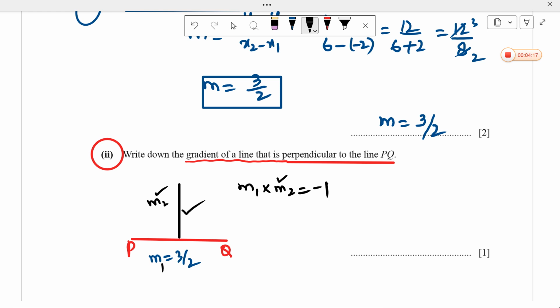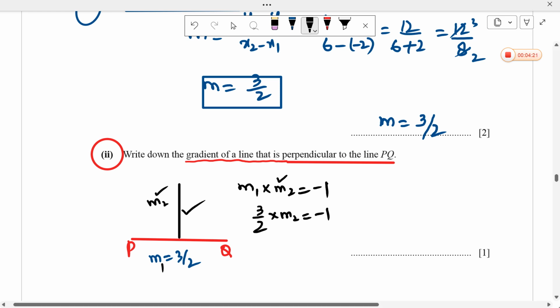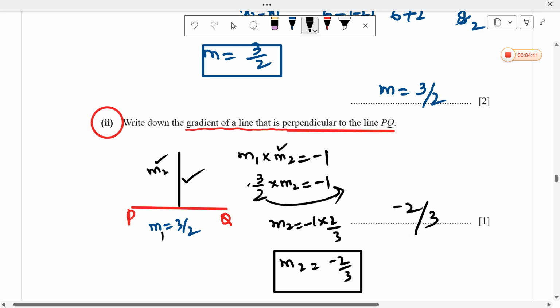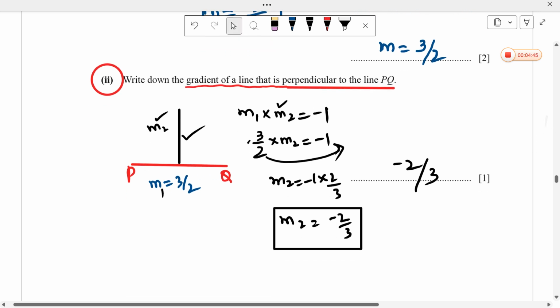So the value of m1 is 3 upon 2, multiplied by m2 is equal to minus 1. 2 will be shifted to the right hand side, so minus 1 multiplied by 2, and 3 will be divided. So m2 is equal to minus 2 upon 3. The answer is minus 2 upon 3. This is the condition of perpendicular lines.